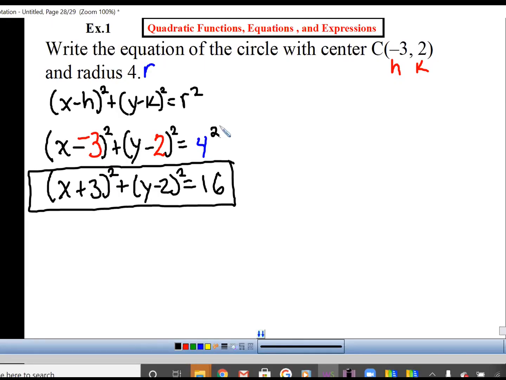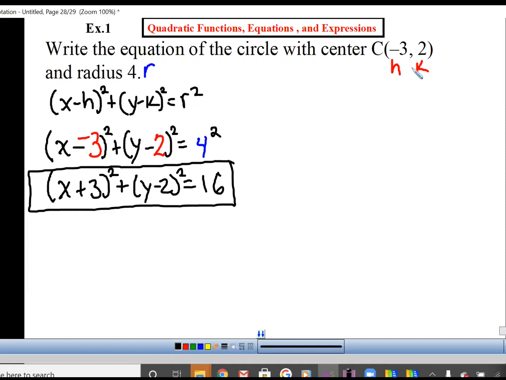All right, let's see if we got the process correct. They gave us the problem, write the equation of the circle with center -3, 2, and radius 4. First thing we did, we wrote our general form equation for the circle, which is parentheses x minus h close parentheses squared plus parentheses y minus k close parentheses squared equals r squared. From there, we label what they give us.